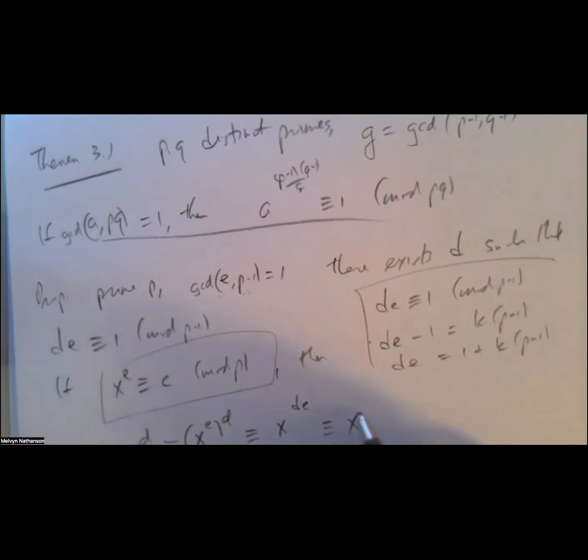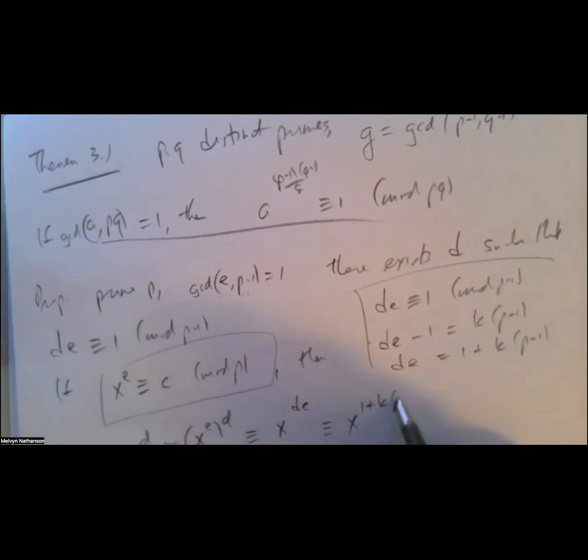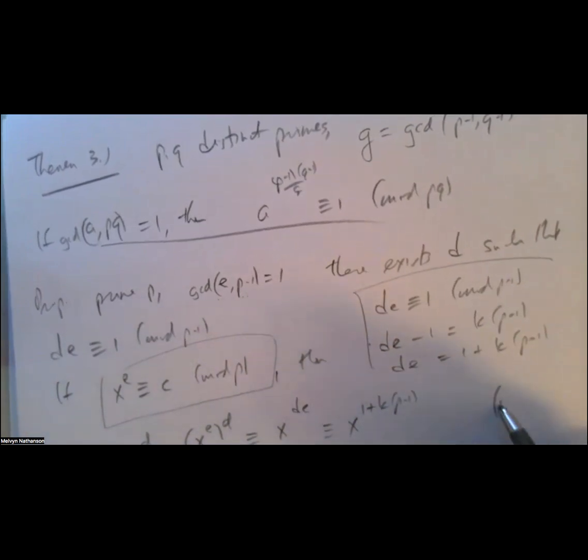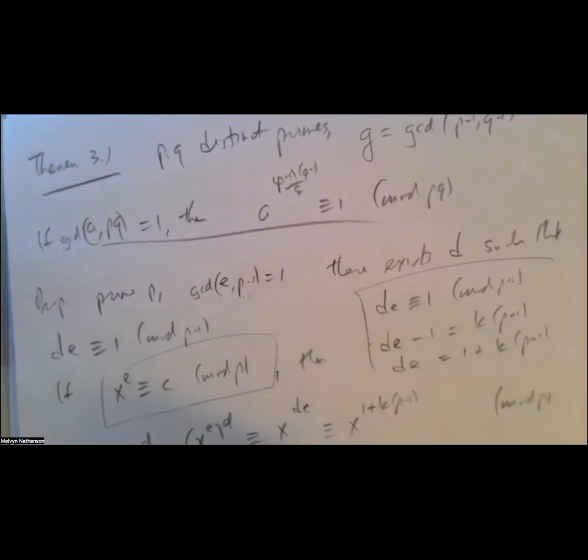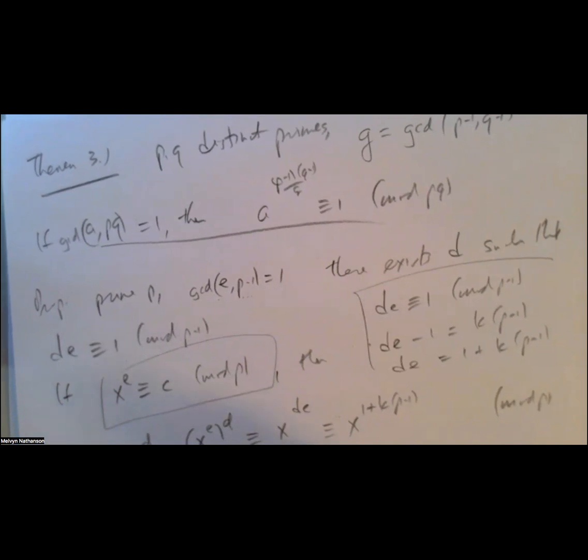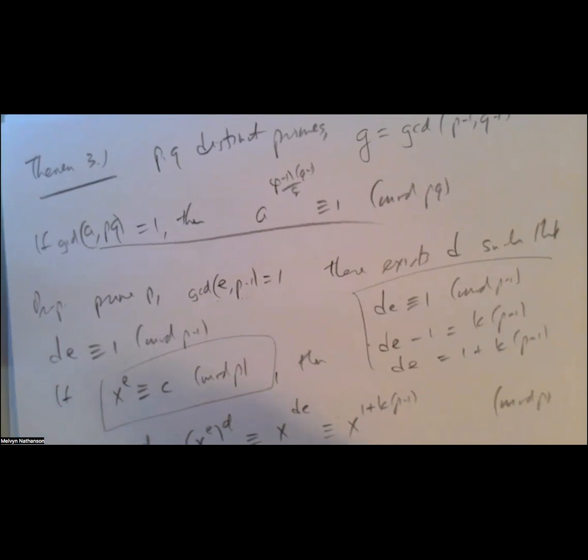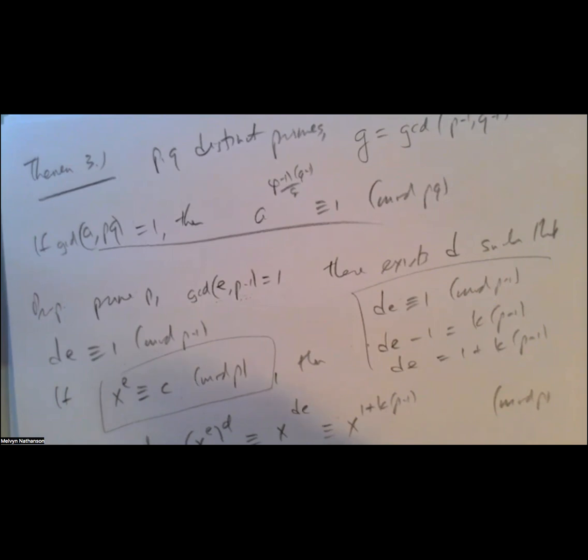So this is X to the 1 plus K times P minus 1. This is all mod P. And X to this power is X to the first power times X to the K times P minus 1.